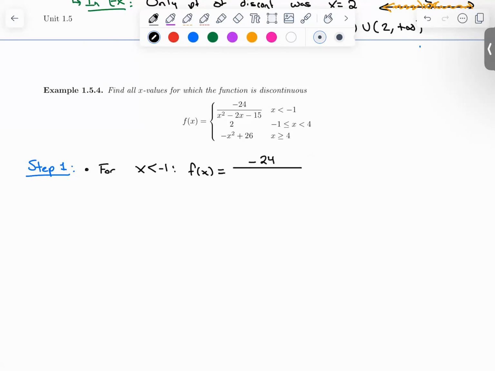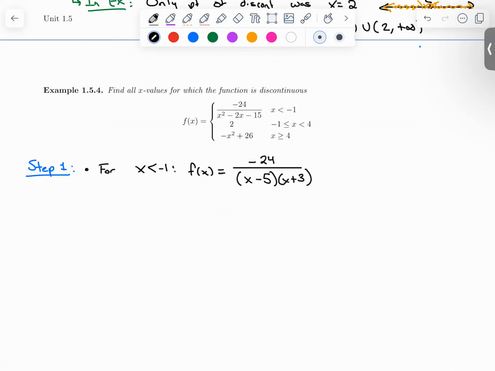This ends up factoring nicely to x minus 5 times x plus 3. Once again, if that was hard for you to figure out, that's an indication that you should spend some time practicing your factoring before the exam. There is going to be factoring.